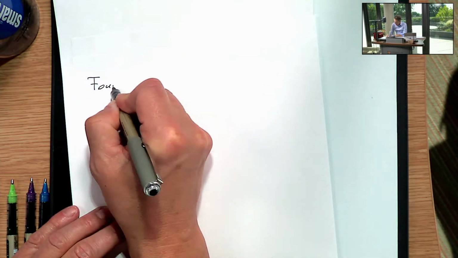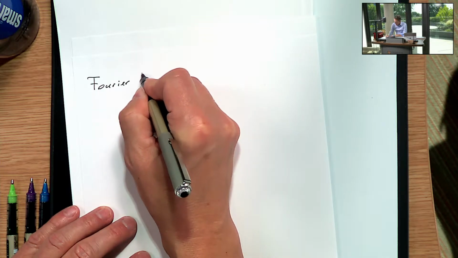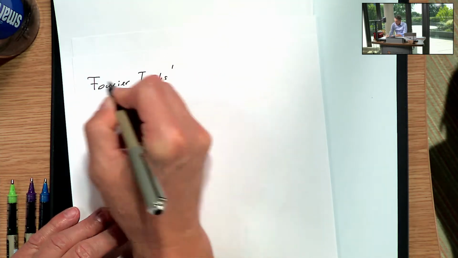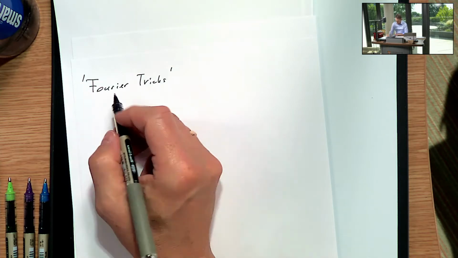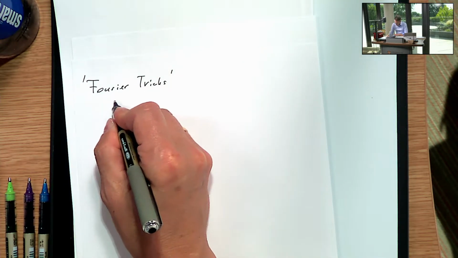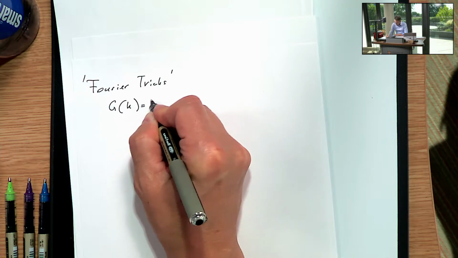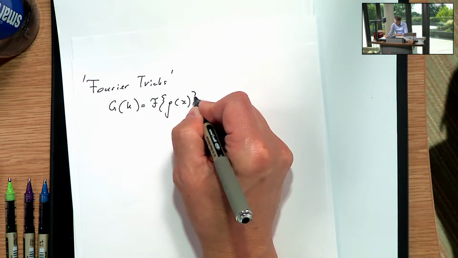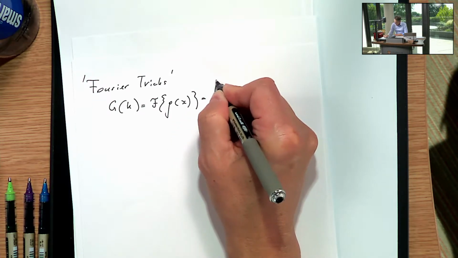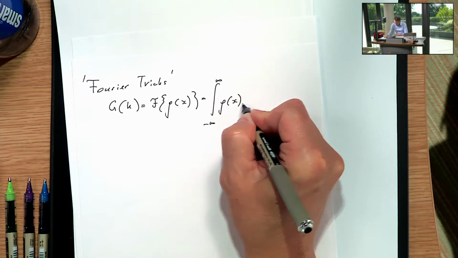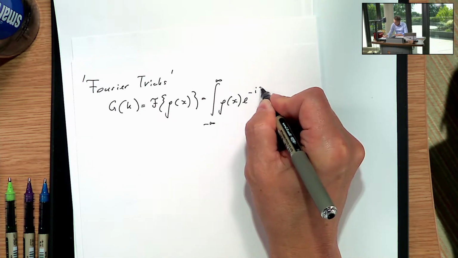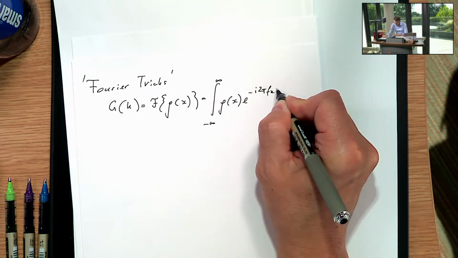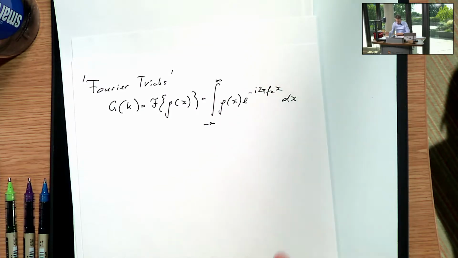So let's look at some properties of the Fourier transform. Fourier tricks, I call this, in the lecture notes. So if I have a function g of f_x, it's the Fourier transform of g of x, the integral of g of x e to the minus i 2 pi f_x x dx.